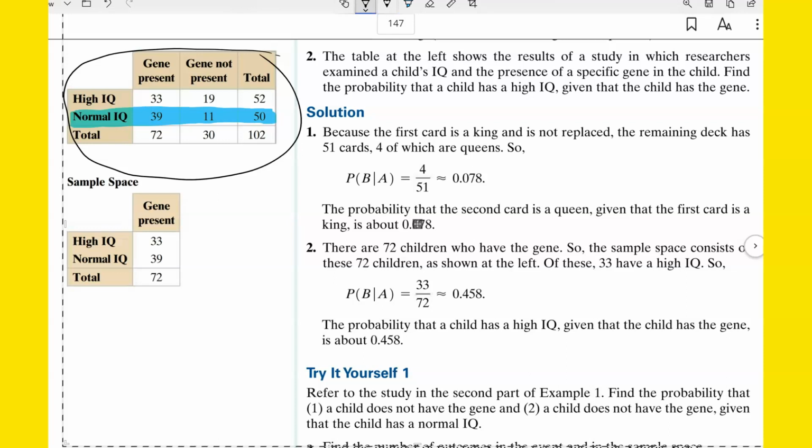So given that the child has a normal IQ, what is the probability that the child does not have the gene? Does not have the gene would be this, 11 out of the total that have a normal IQ. So the probability that the child does not have the gene present, given that they have a normal IQ, would be 11 out of 50.